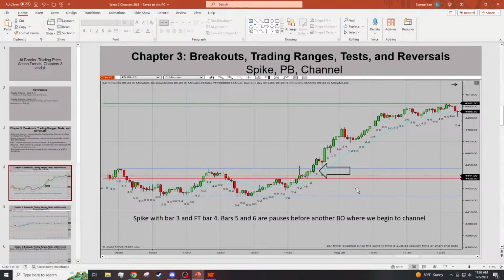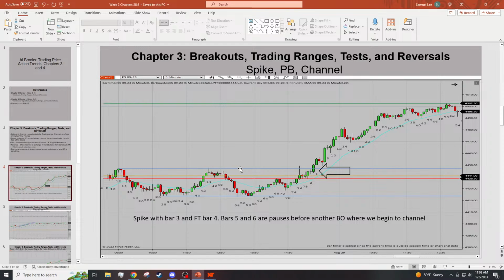This is from August 29th, and when a breakout is a spike, right? So a spike, pullback, and channel. Whenever you're reading about it here, this is essentially what he is saying. You can see that bar 3, you have a spike.